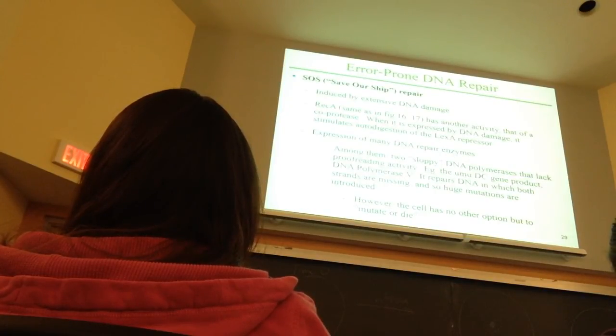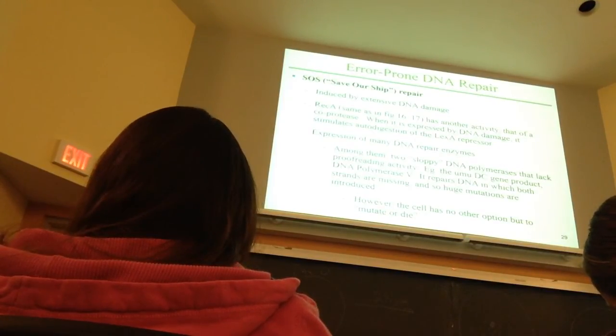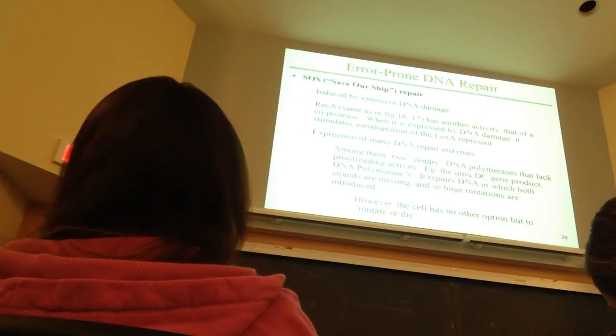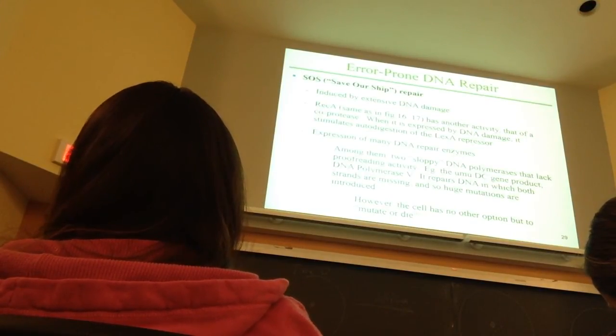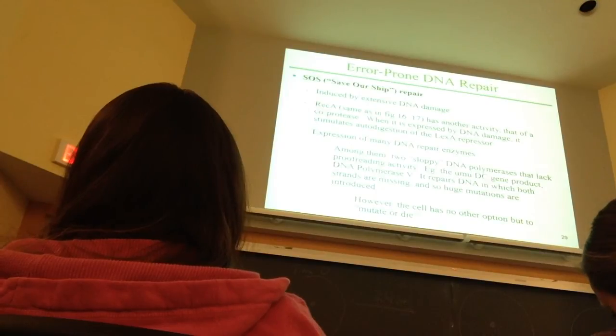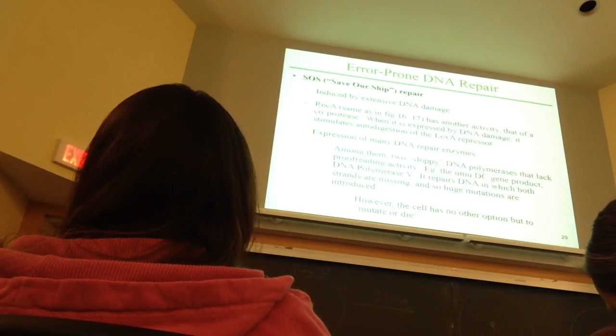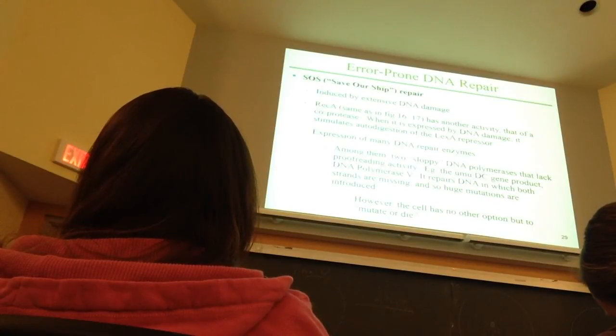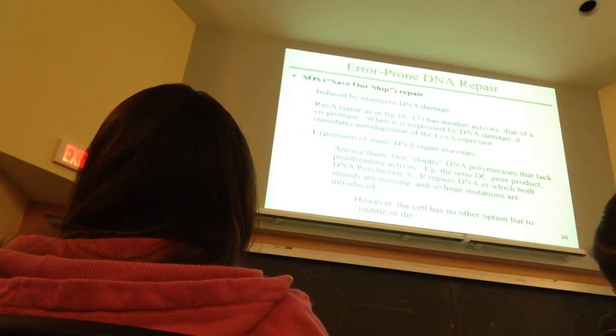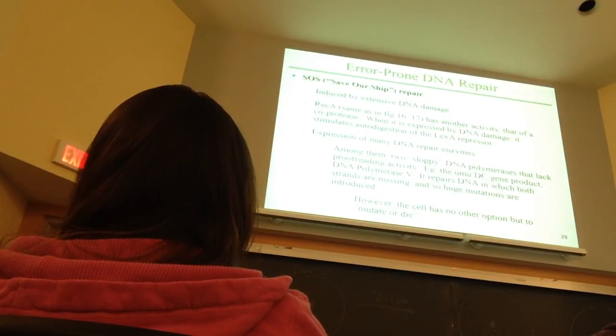And this activity is induced in the presence of DNA damage. And when you've got DNA damage, it stimulates LexA, which is one of these repressor proteins, to actually digest itself, auto-digestion. And so if you have RecA causing digestion of a repressor protein, that is going to turn on all of those genes that LexA repressor is otherwise repressing.